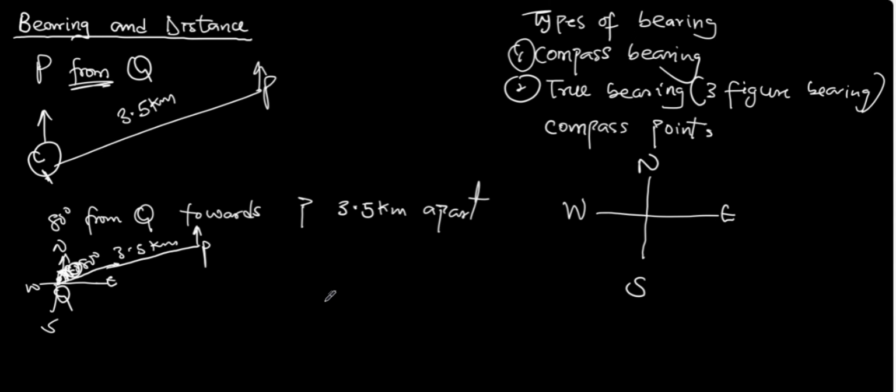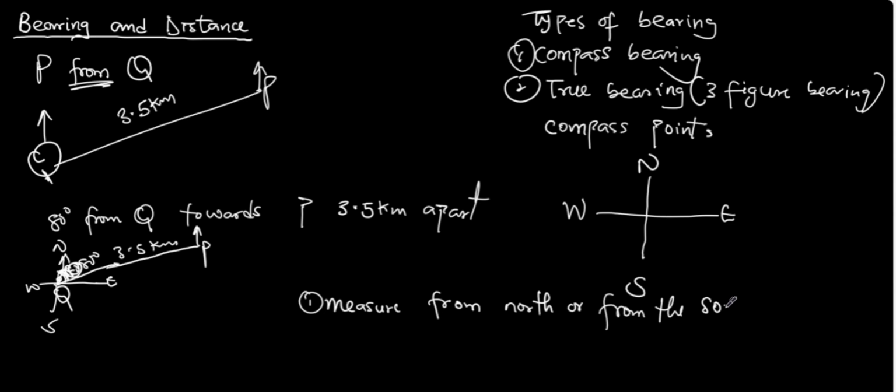A few things to note in compass bearing. Number one, you measure from the north or from the south. Very key. For example, between the north and the east, we have the northeast.